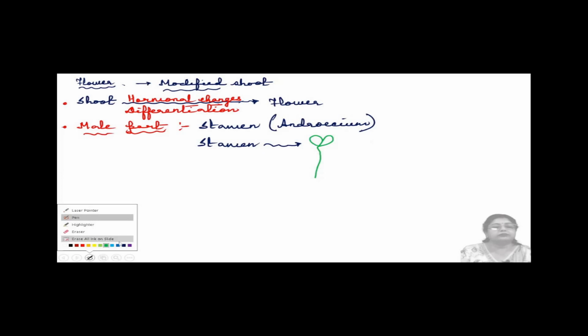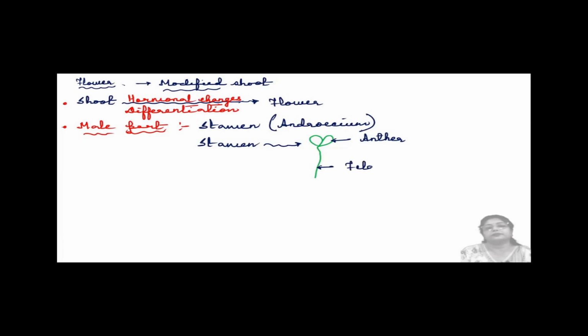This diagram is very common and conceptual. That is the anther and this is the filament. This is a basic conception.